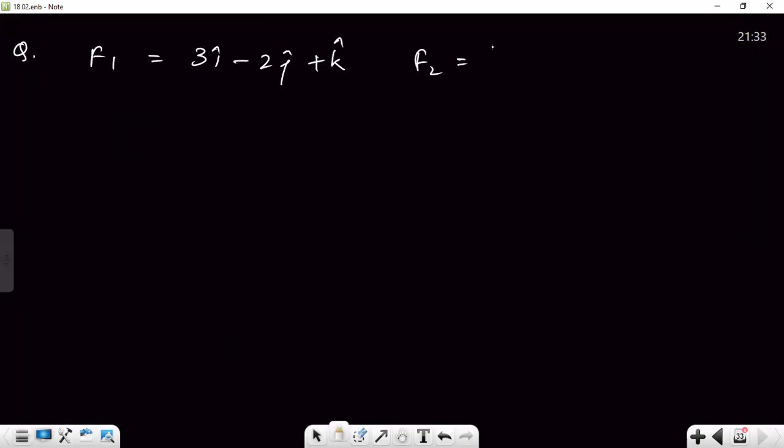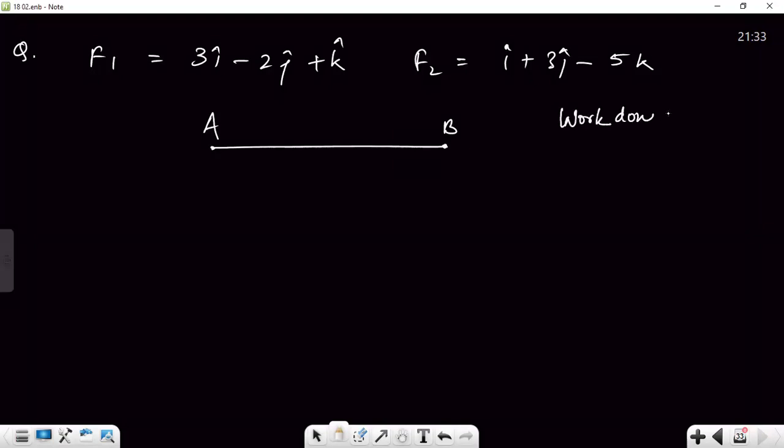There's another force, i cap plus 3 j cap minus 5k. These two forces are acting on a particle to move it from position A to position B. We have to find the work done.